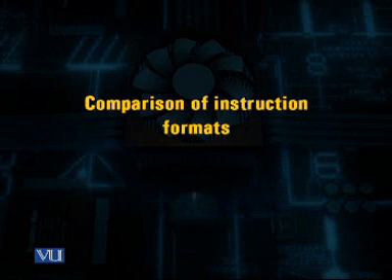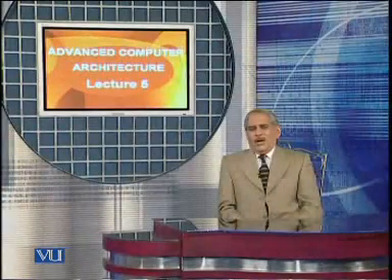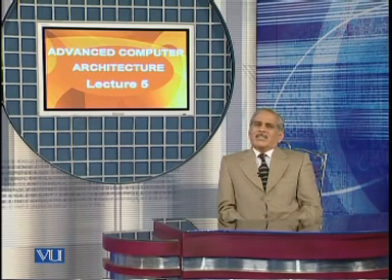We can compare the instruction formats for 0 address to 4 address instruction word formats by considering the code size and the number of memory cycles which are required for accessing these instruction words.